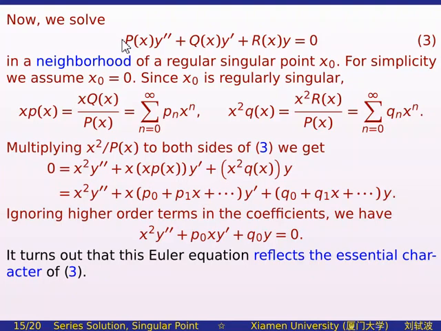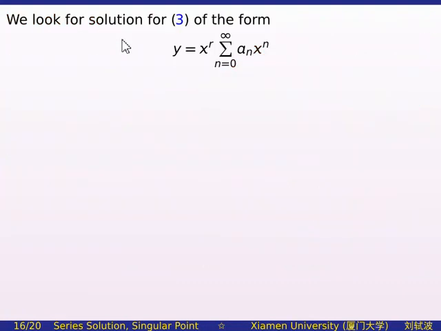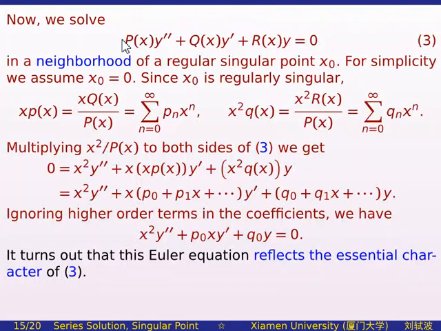So if we don't want to solve the equation, but we want to find out some property of the solution, we can turn to this Euler equation. But our purpose is to solve the equation. Therefore, let's go forward to solve equation 3.